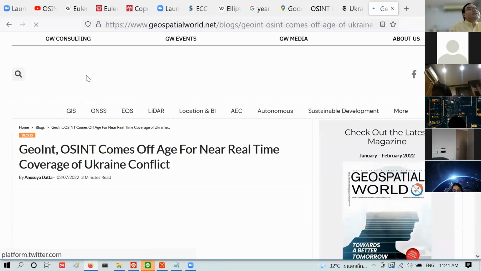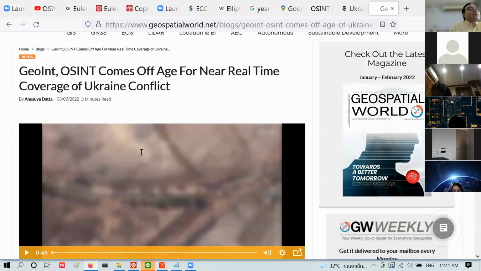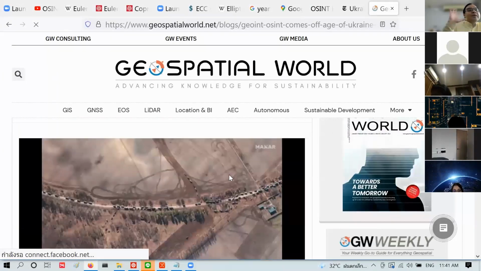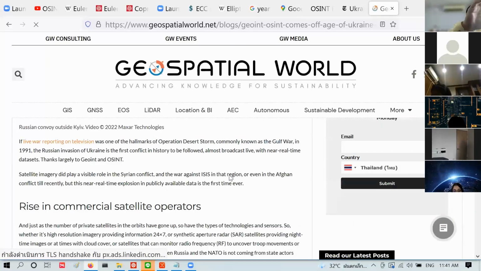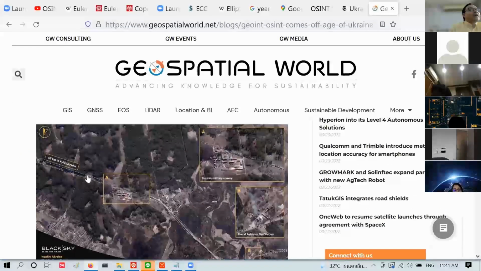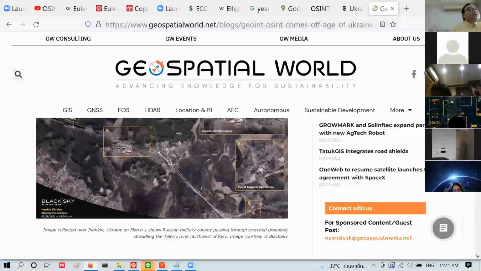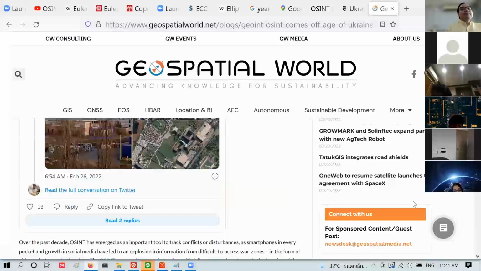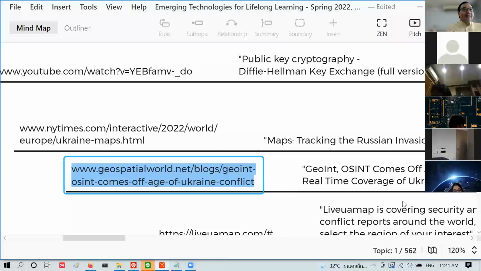So these are the OSINT people who have created all this map, before superimposing the map with satellite image, and you will see later on that it's more than that. It's not just looking at pictures, right? There's actually a way of superimposing this with AI.